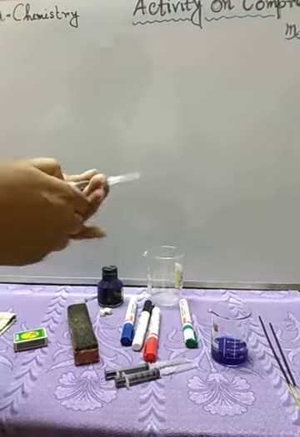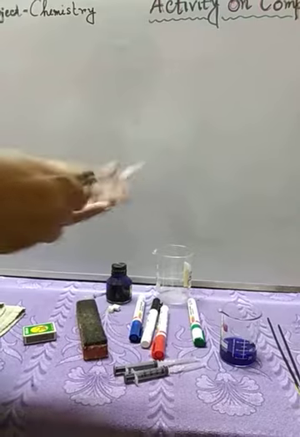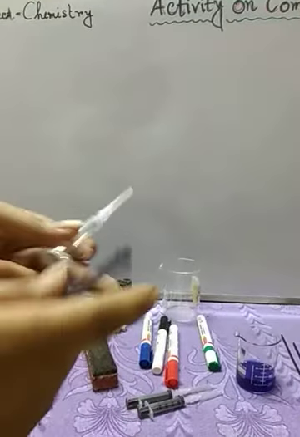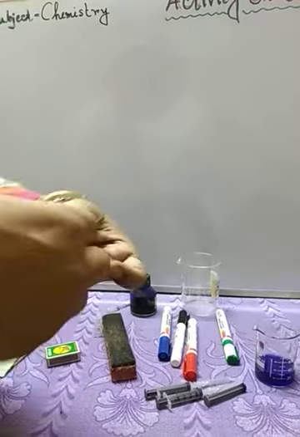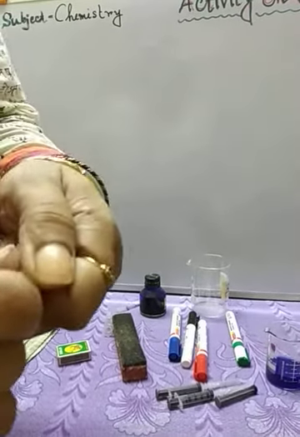Achha, let's start. First of all, this is the piston of the disposable syringe. Here I am going to put the chalk pieces inside. You can see it is solid, so to break it I have to put pressure on it.